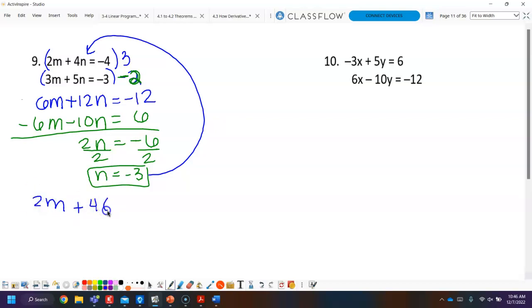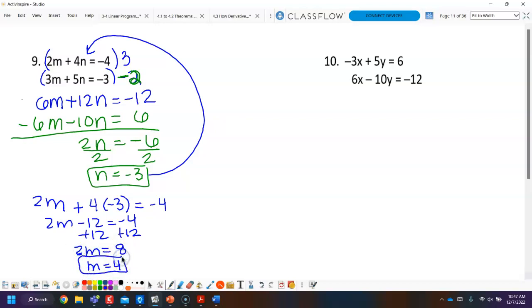plus 4 times -3 equals -4. 2m minus 12 equals negative 4. Add 12 to both sides. 2m equals 8. Divide by 2. And you get m equals 4.